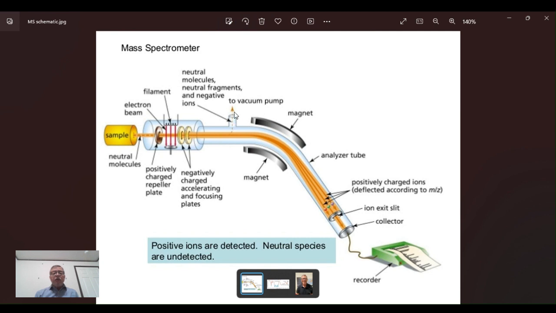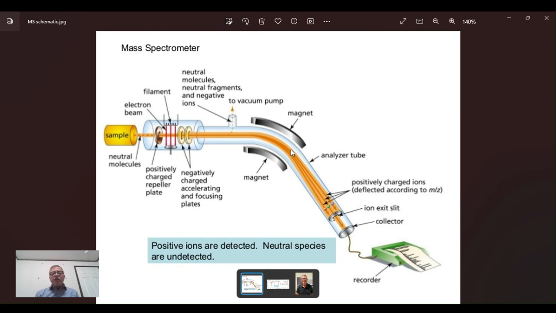So under high vacuum, this beam is accelerated, and it just shows a simple bar magnet. Actually, in the device, it's probably going to be some kind of superconducting magnet so that we get a good, strong magnetic field. Then you can see that the beam is spread out across the detector.